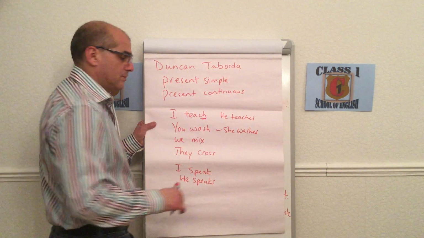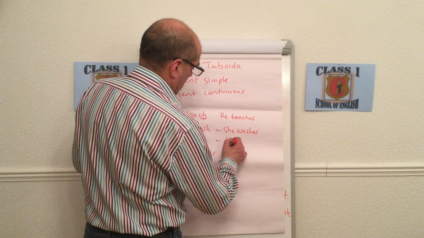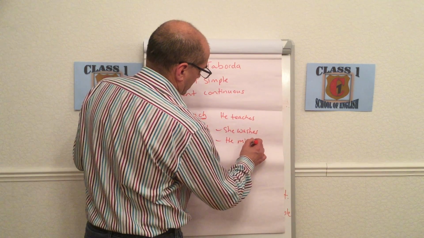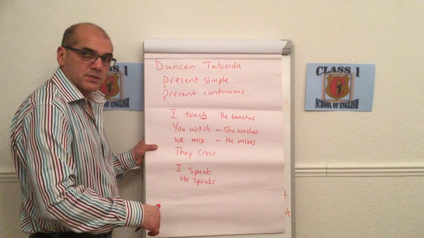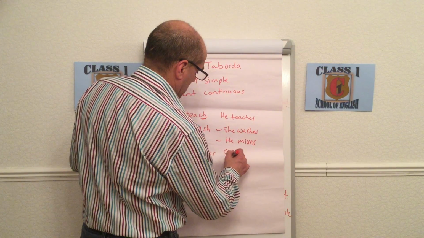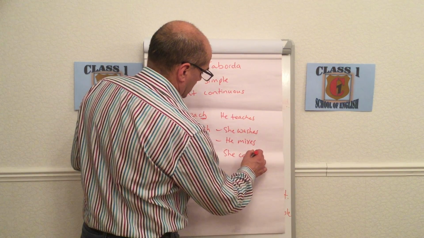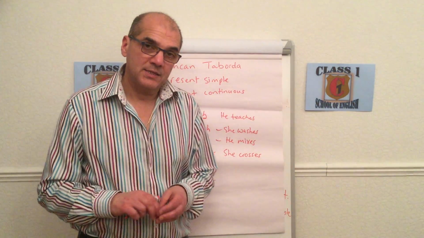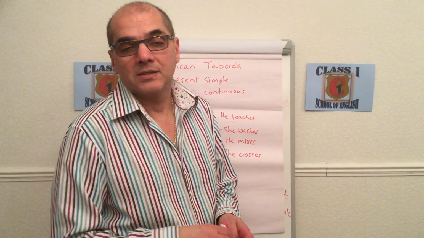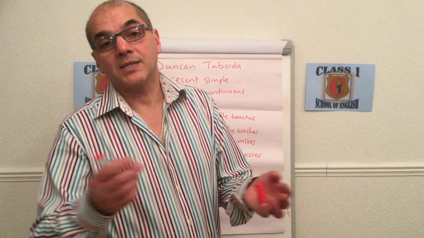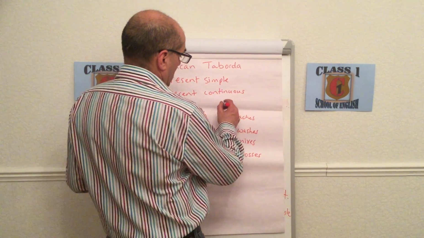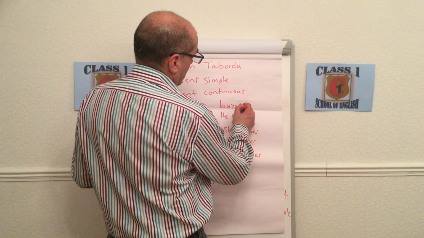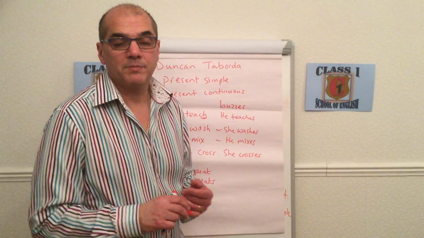We mix becomes he mixes. They cross becomes she crosses. Okay? There's also, if a verb finishes with z, I don't know, buzz, a bee can buzz, or you can quiz, I can quiz you. So if it finishes with z, that also becomes es, buzzes.